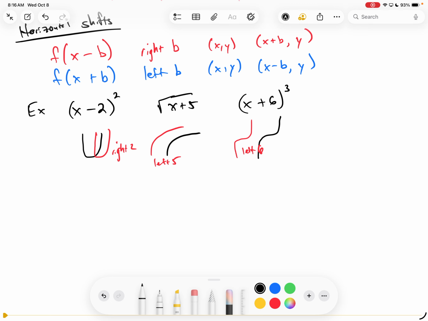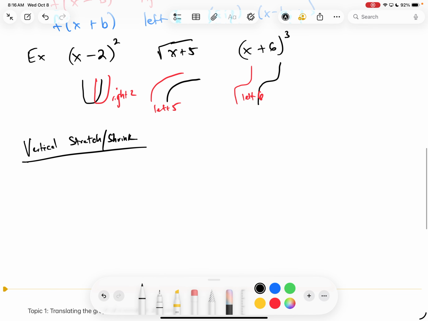All right, what do I want to do next? Vertical stretch or shrink. Okay, this is the hardest one. Actually, horizontal stretch or shrink is the hardest, but the stretch and shrink is the hardest one here. So what I do here is if I multiply it by something, how do I say this?